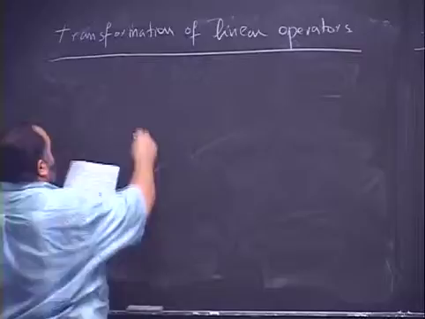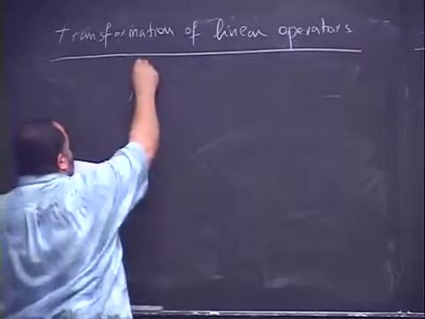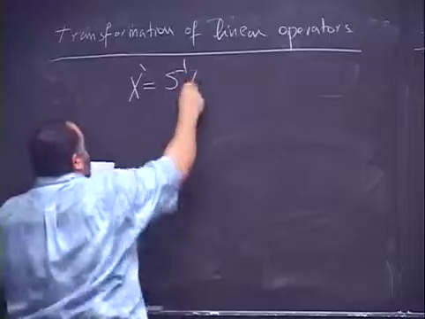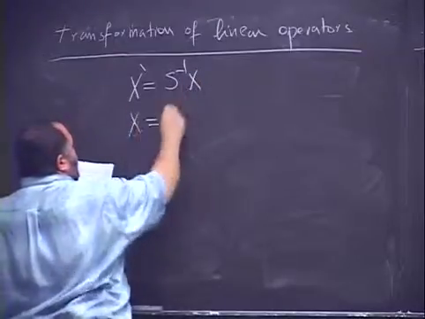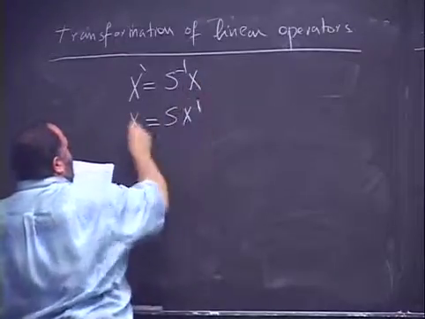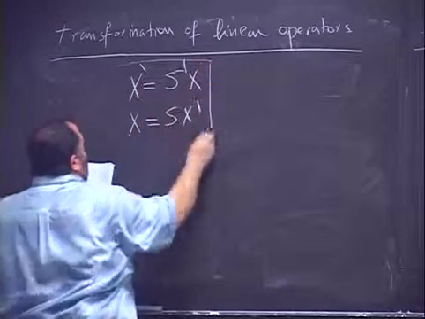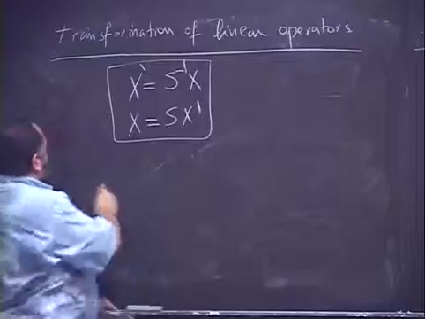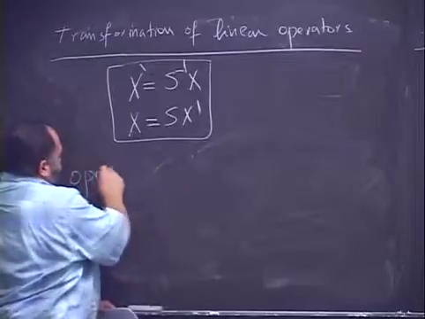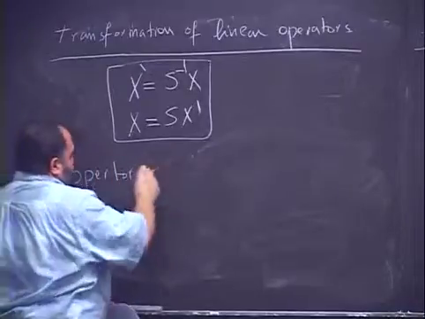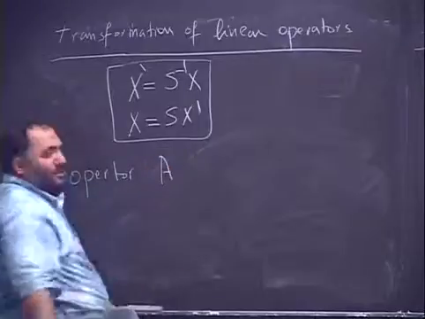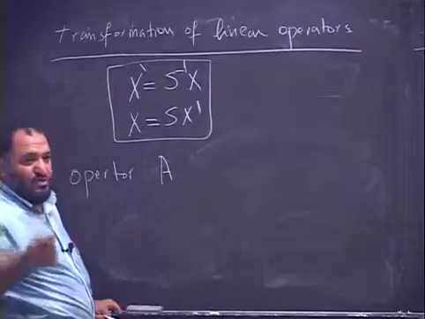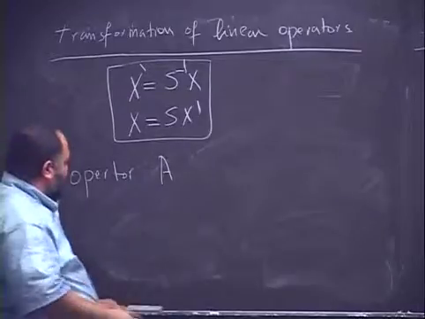So again, if you remember, x prime is just S minus 1 x, and x is just S x prime. Just remember those two. So now, let's assume that we have an operator A, like a matrix. Operator A. Matrix is operator. When you operate over a vector, you transform this vector to another new vector.